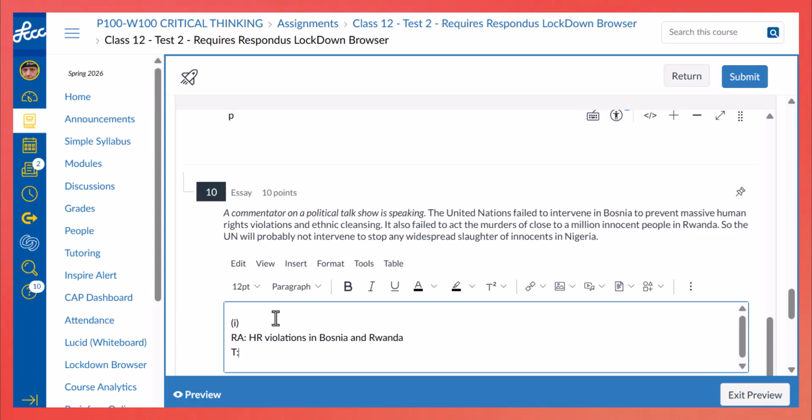Target is some human rights violation, HR violations, human rights rather than human resources, human rights violations in Nigeria. The known similarity isn't spelled out, but we could just say, are human rights violations. And the inferred similarity is that the UN will not intervene.